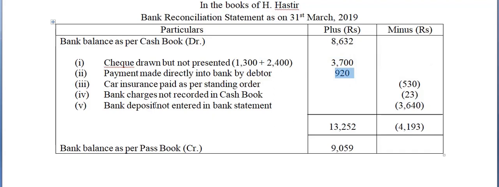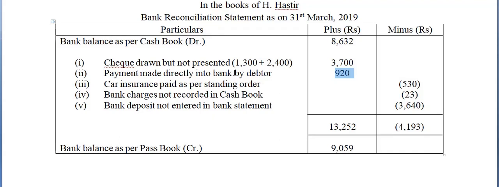Now a payment of rupees 530 for motor car insurance made by bank's standing order had also not been recorded in the cash book. So as per your standing order, the bank is making a payment of rupees 530 on your behalf.